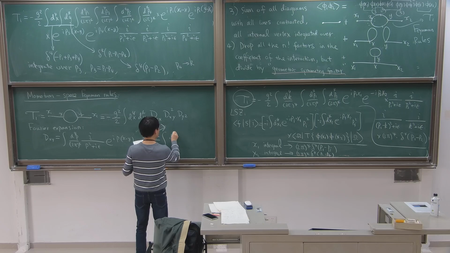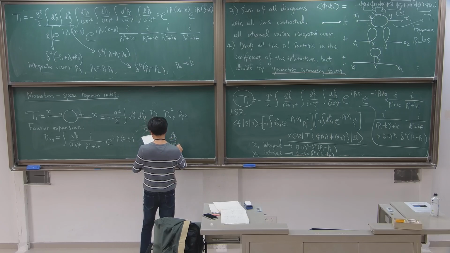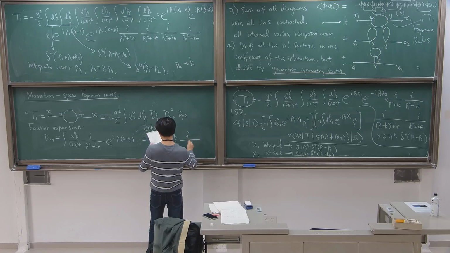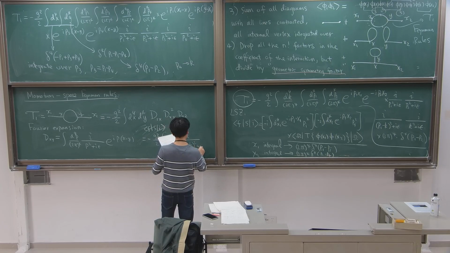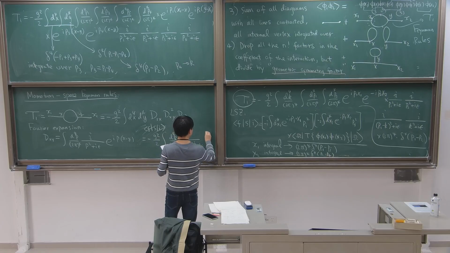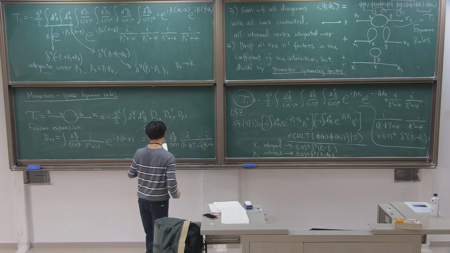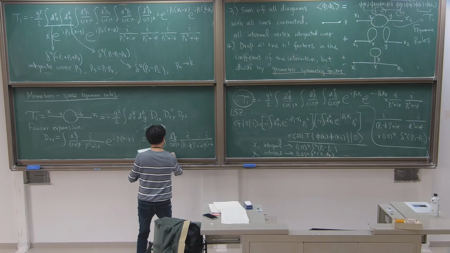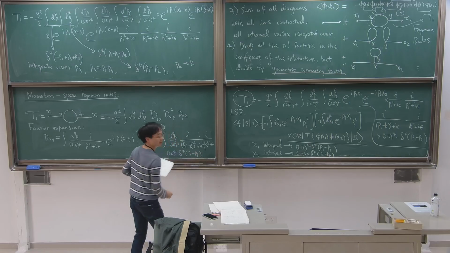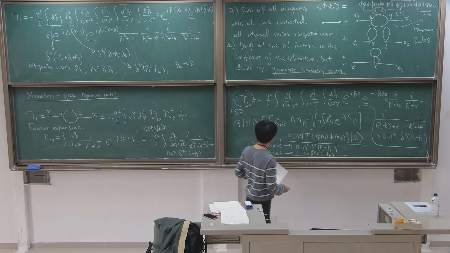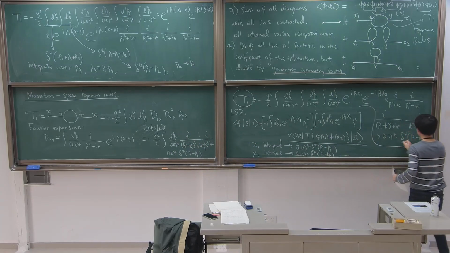It's only a single integral over K, times i/(Pi − K)² + iε, times i/(K² + iε), and times (2π)^4 and the delta function δ⁴(Pi − Pf). Okay? Is that clear? Because there's another delta function here.